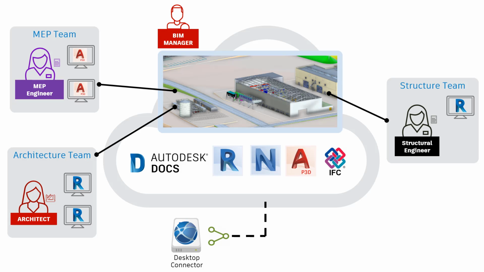So the data is at the center, sitting on the Autodesk Docs, the common data environment on the cloud. It can be reached from within the authoring tools such as Revit or Autocad Plant 3D. We can also manage different exchange formats such as IFCs, as you can see it here. And also this common data environment, Autodesk Docs, can be reached from a Windows computer using the desktop connector.